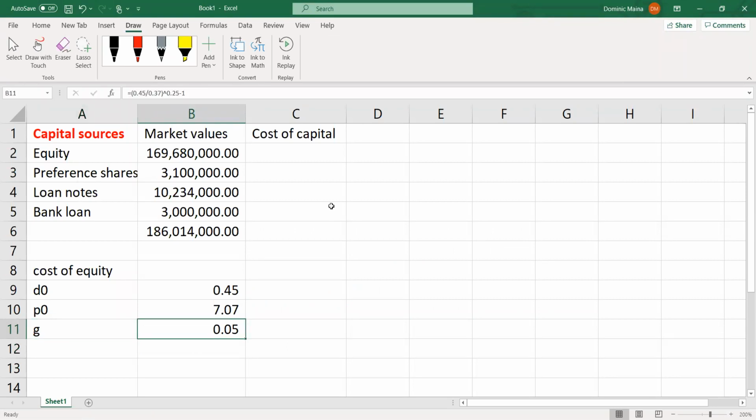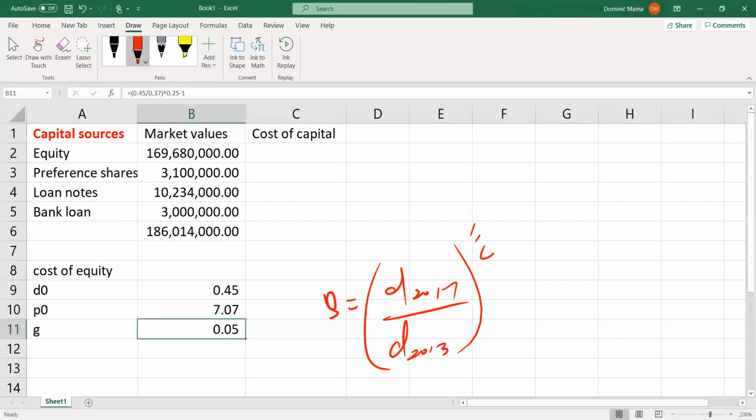In the old paper-based way, G would be equal to D2017 over D2013, to the power of a quarter, minus 1. This is what I've just done in this cell, and you don't need to struggle to show that formula.